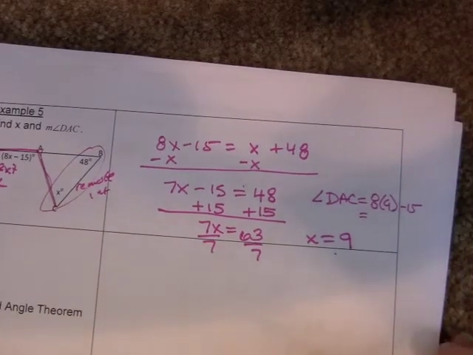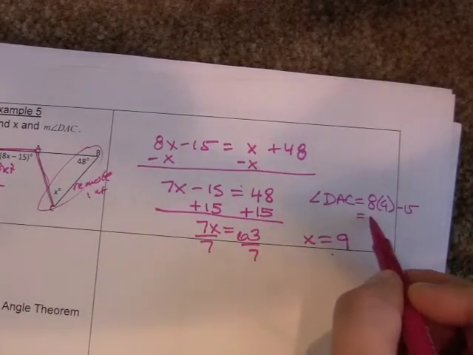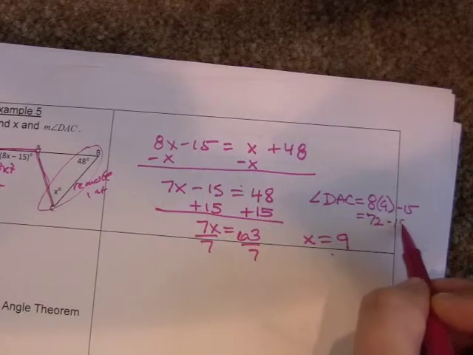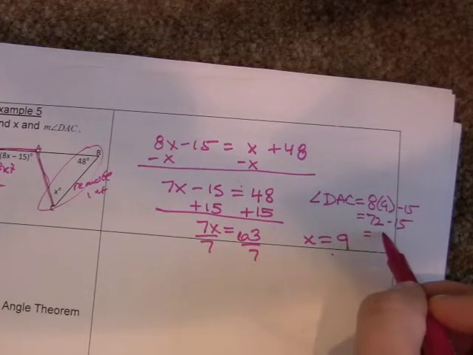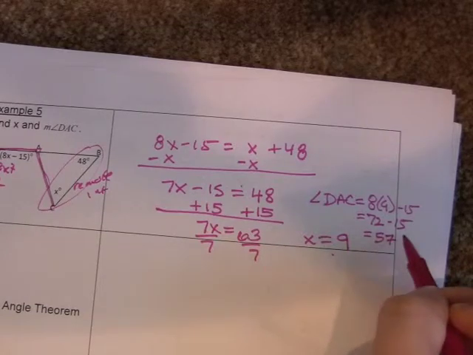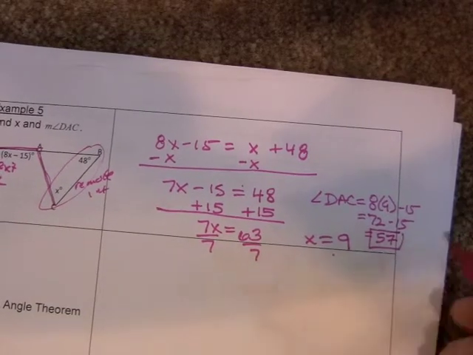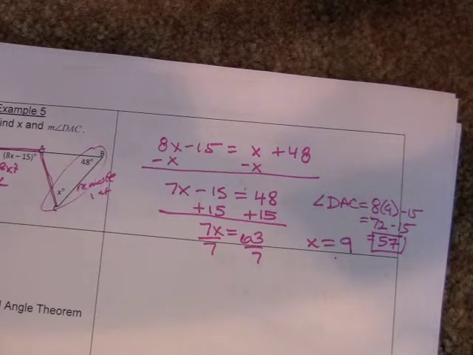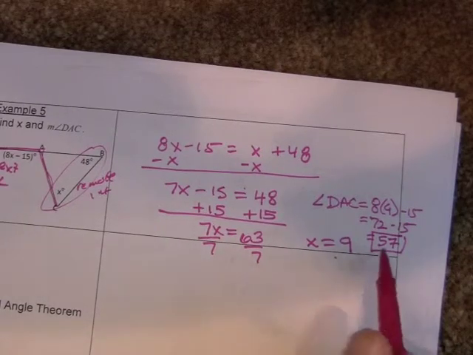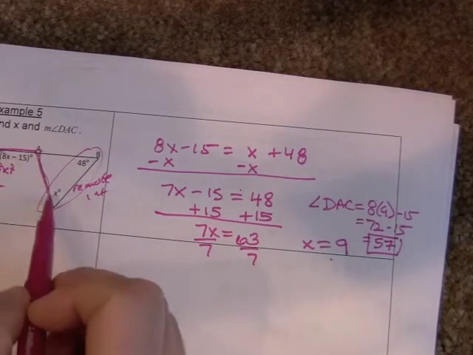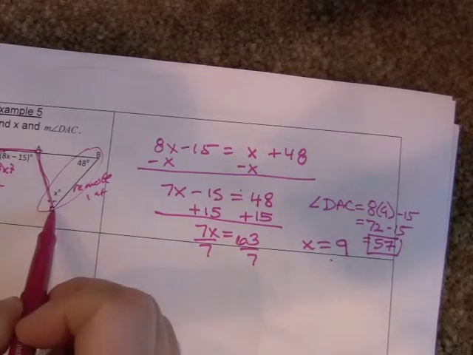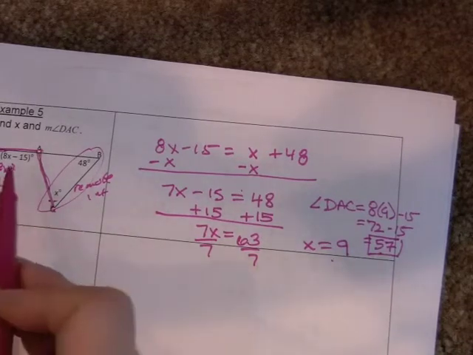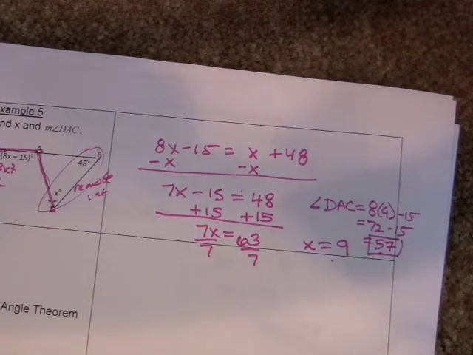Well, 8 times 9 is 72, and 72 minus 15 is going to be 57 for the measure. Obviously, you can tell that this is not drawn accurately to scale because DAC should be obtuse, but it's not. So again, things are not always drawn to scale, so don't assume that the diagram is correct.